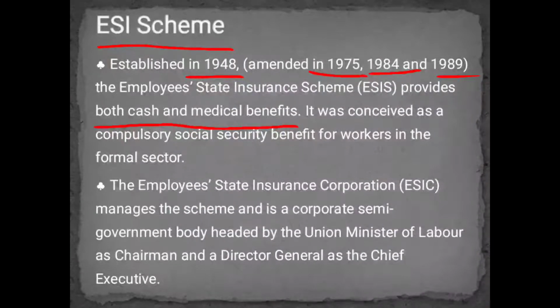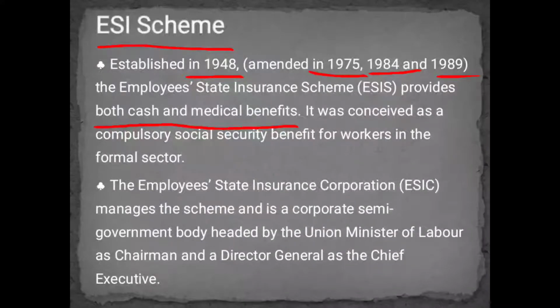If a pregnant lady goes for delivery and she cannot go to school or for work, for 6 months she will be paid in cash because she was not able to go for work, and her payment is made by the ESI. So she will get cash benefits as well as the medical benefits.